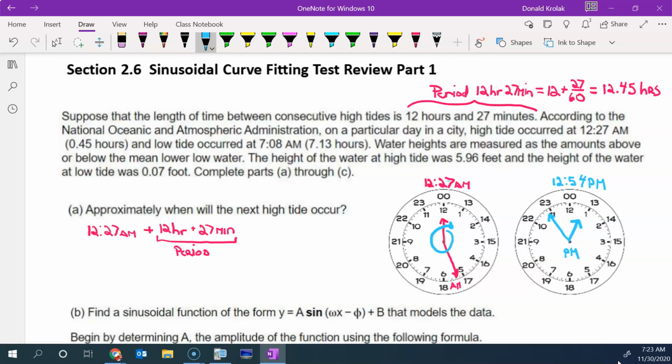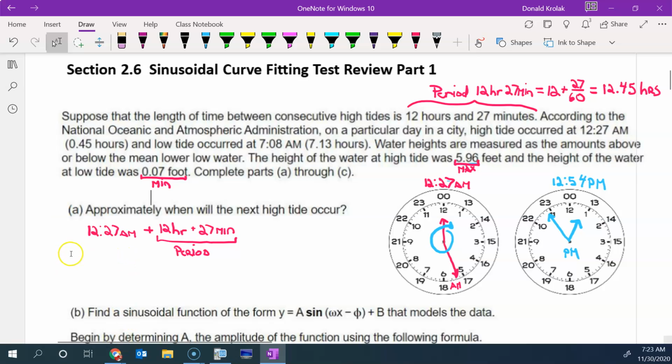Okay, water heights are measured as the amounts above or below the average low water. The height of the water at high tide is 596. So we know that this is our max. And the height of the water at low tide is 0.07. So we know that's our min. And it says complete parts A through C.